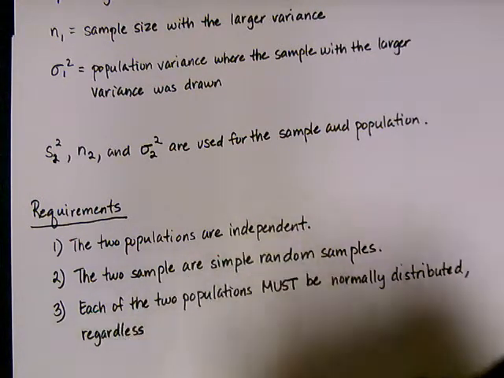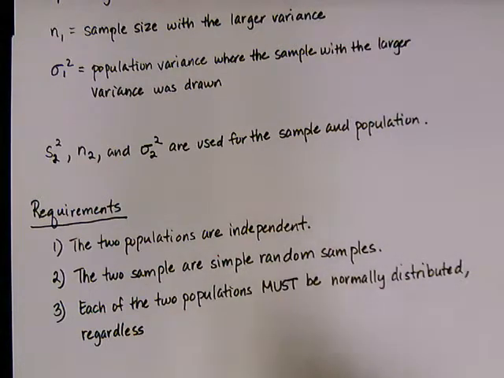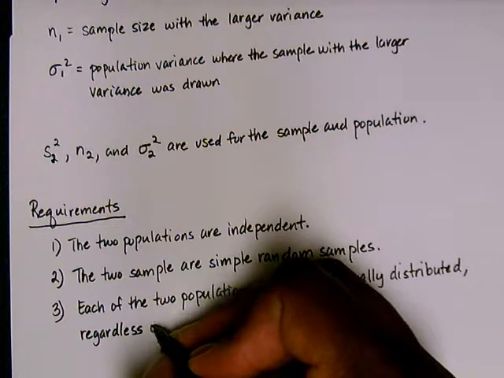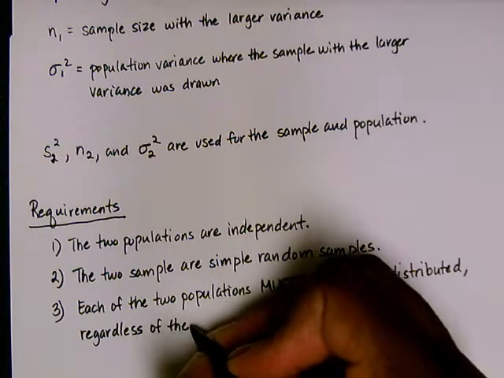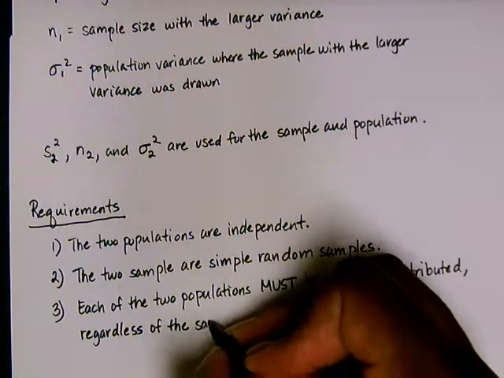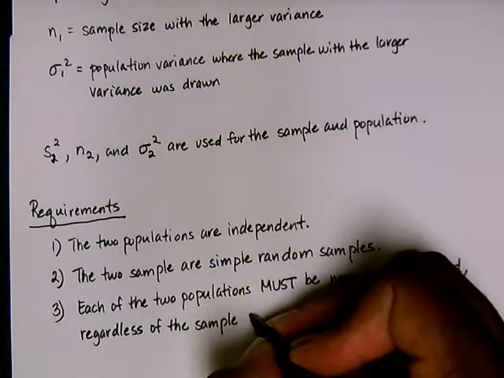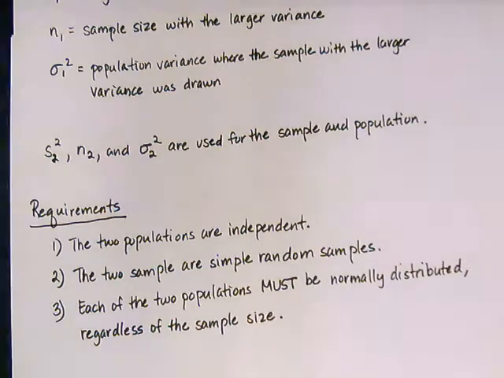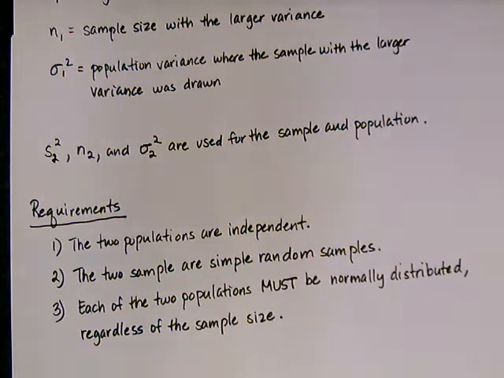This F test has a very strict requirement. And that's very important, number three, because you must have normally distributed populations regardless of their sample size. Okay, so it's a strict requirement for the F test.